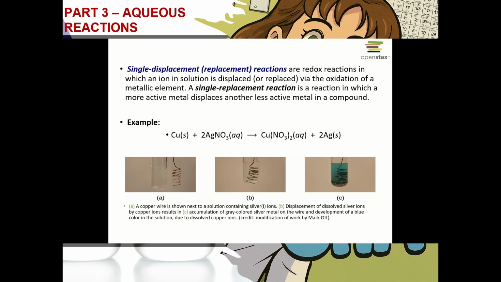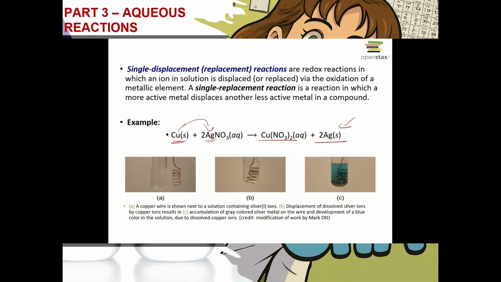And we have the single displacement reaction as well. This is a reaction where one single element will replace another. In this case, it replaces the silver over here, forming copper nitrate and silver alone. So there's always someone going to be alone.